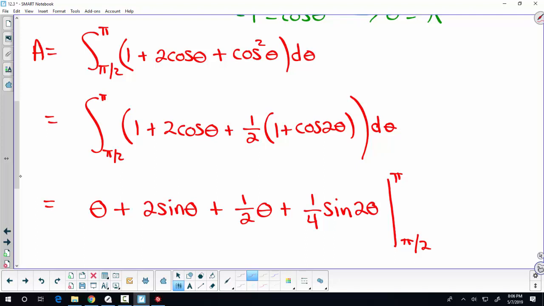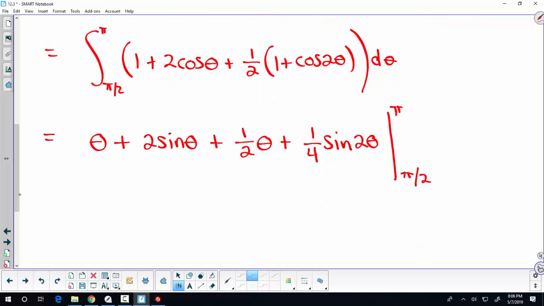And then actually we could combine the theta and the 1/2 theta. So we could say that's 3 over 2 theta, so we're dealing with fewer terms.